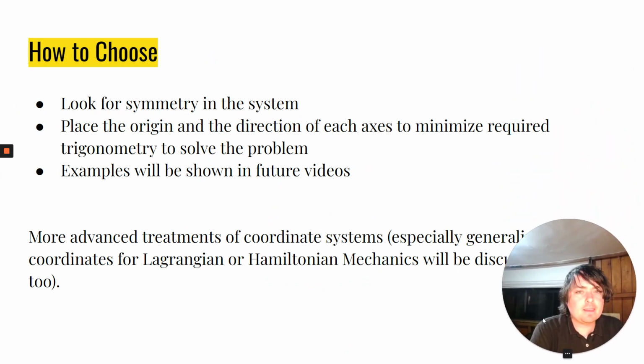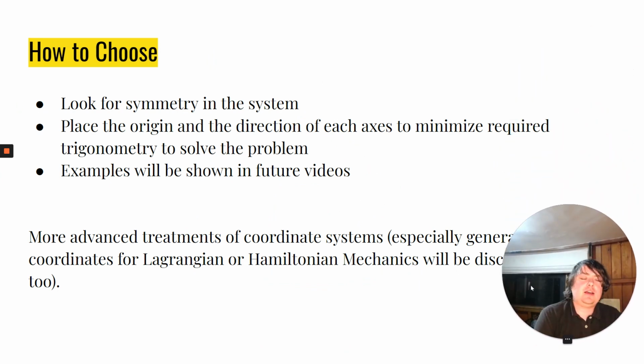Okay, so how to choose between these basic coordinate systems? So you should look for symmetry in the system, since if you can find an axis of symmetry and match it with your coordinate system, you'll reduce quite a lot of trigonometry that you would have to use in order to find, like, say, the distance between 2 points or whatever else that you wanted to do.